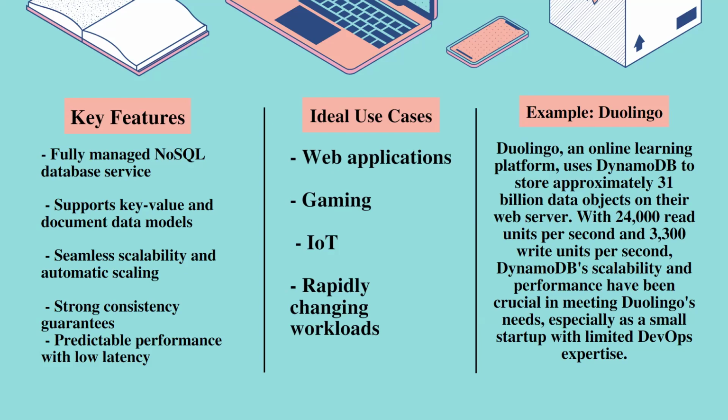Also, the fact that DynamoDB scales automatically meant that this small startup did not need to use their developers to manually adjust the size. DynamoDB has simplified as well as scaled to meet their needs.